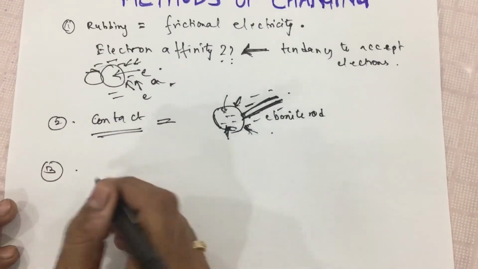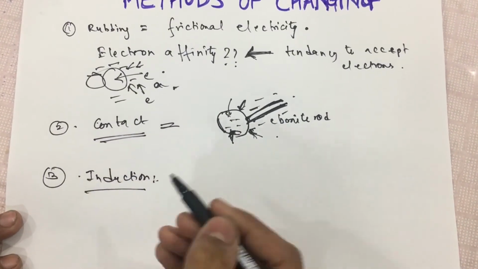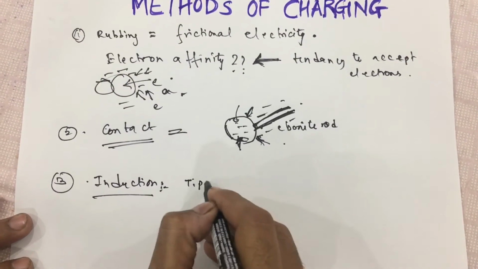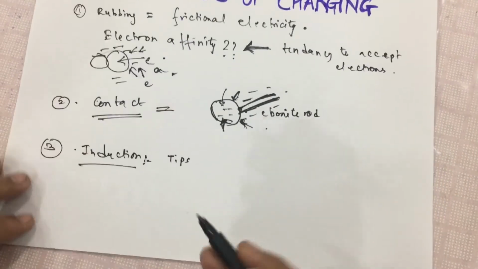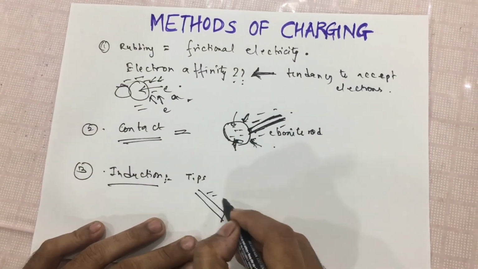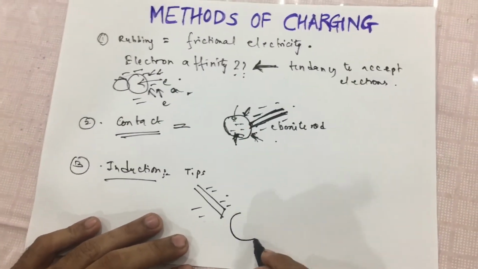Now we'll come to induction, where in the earlier example I showed how the bits of paper were attracted to the comb. Let's give another example. I'll take the same ebonite rod which is negatively charged and bring it closer to a body.